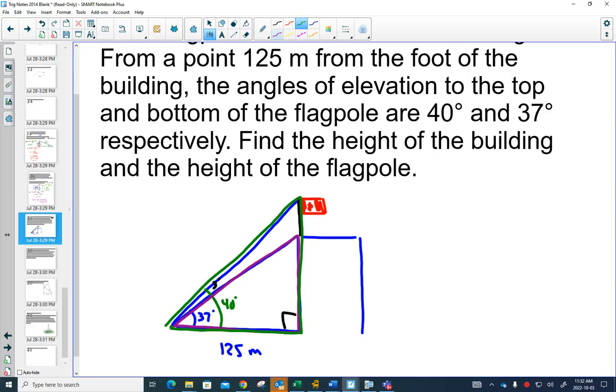What do we want to find? We want to find the height of the building and the height of the flagpole. I'm going to call this little x, and it should be in purple because it's on the purple one. I'm going to call this whole length in green, from there to there, y.